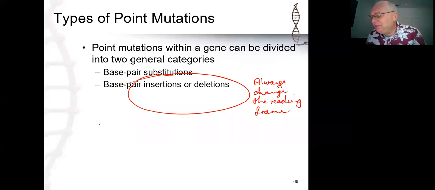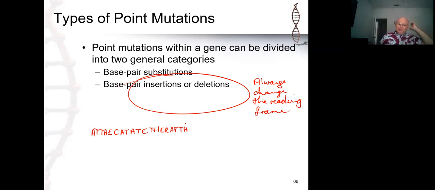Using a sequence of letters. And I told you I'd show you an example of this using a sequence of letters. So there's a sequence of letters.